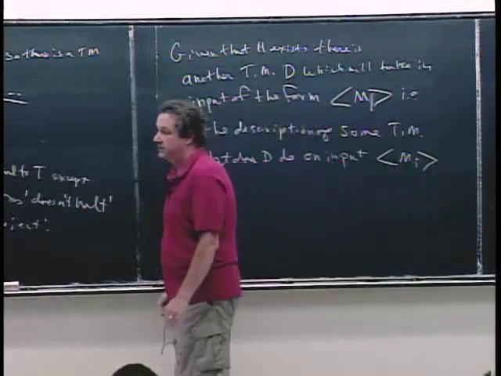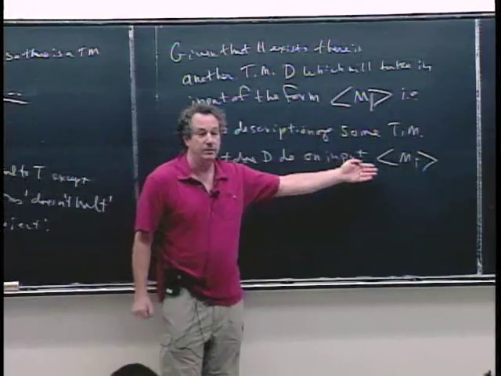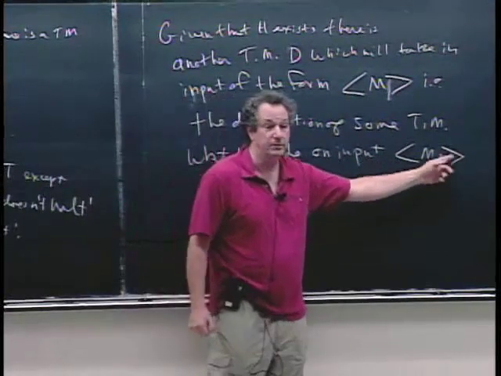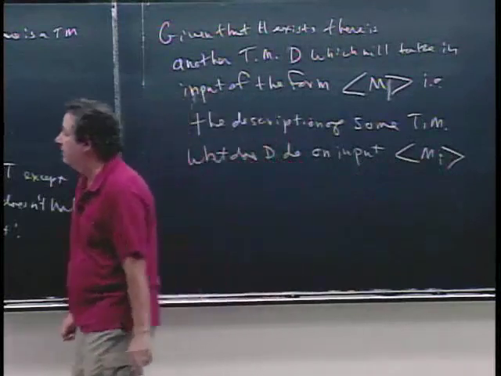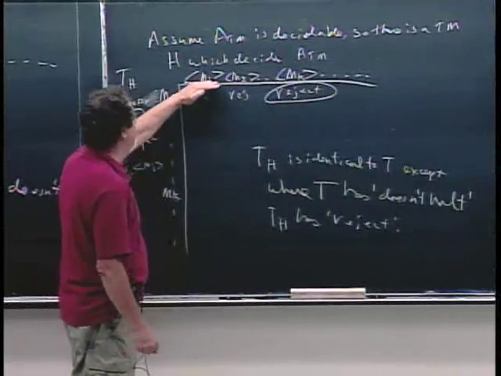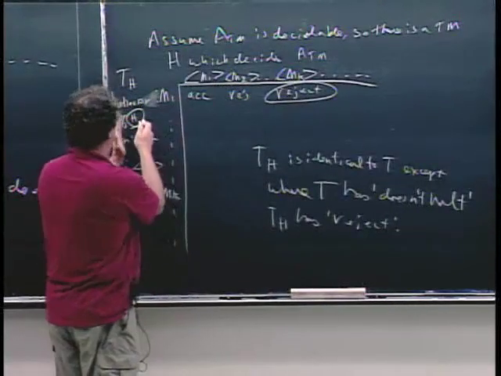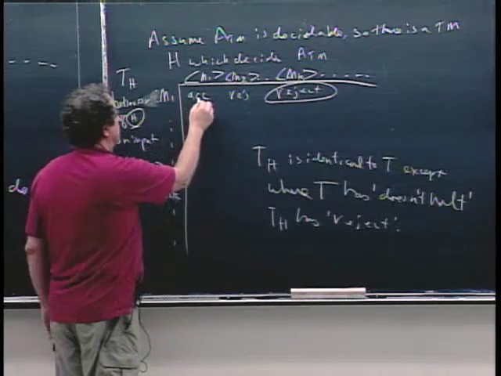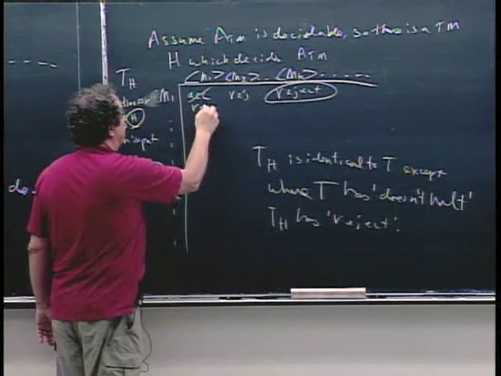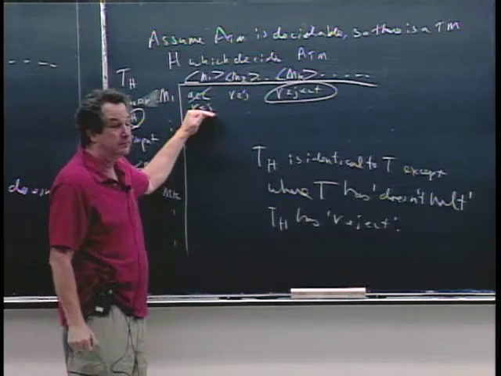So to describe what D does on each of these possible inputs, the input is a description of a Turing machine, I'm going to say, well, what D does, if it gets M1, is it's going to do the opposite of what H did. Okay? So on that particular input, since H was an accept, D will be a reject.